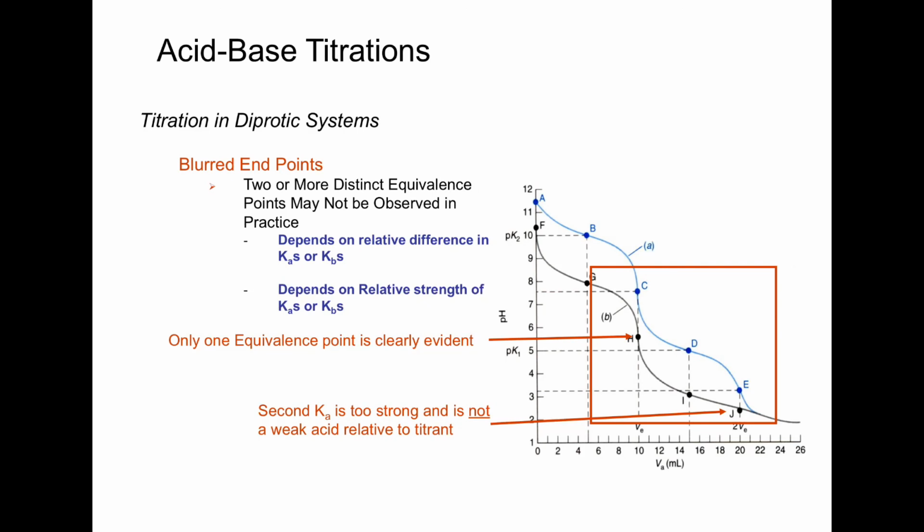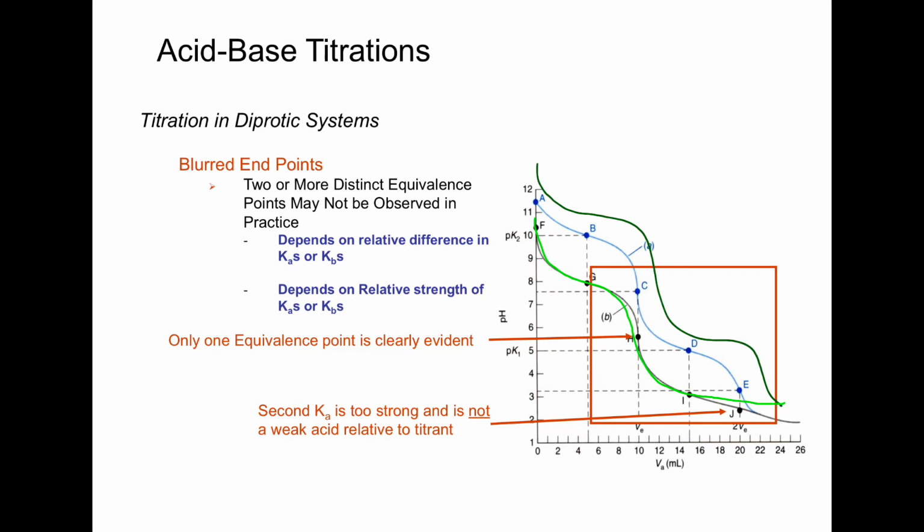Now, in the original titration curve that we looked at, I'm going to draw in green here, you can see that there's these really nice 2 equivalence points. There's an equivalence point at C and an equivalence point at E. But for a lot of polyprotic systems, like diprotic systems, what happens is more like this one here, where we only get one equivalence point and then the other one just kind of smooths out.